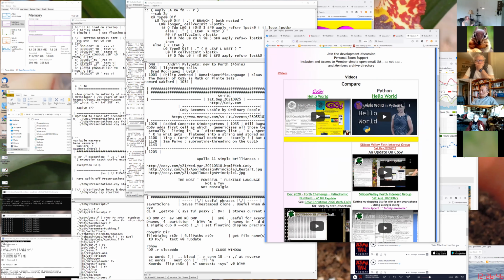One thing that is useful is comparing what you get in a few minutes going through Hello World in CoSy versus even getting Python ready to run.